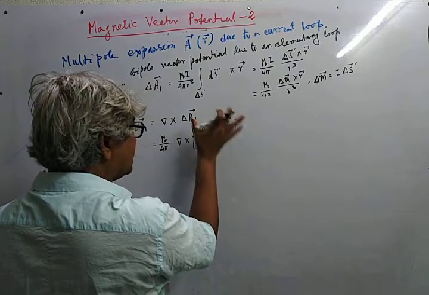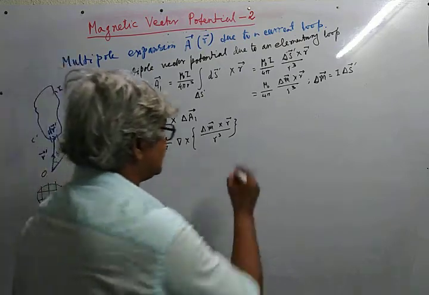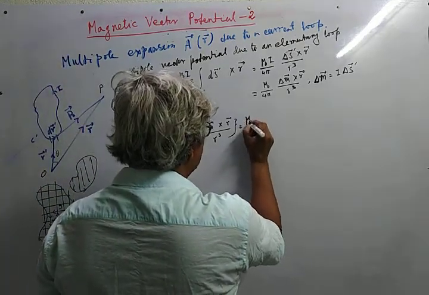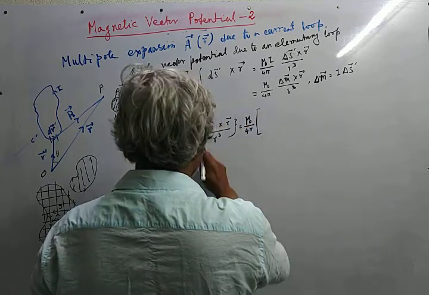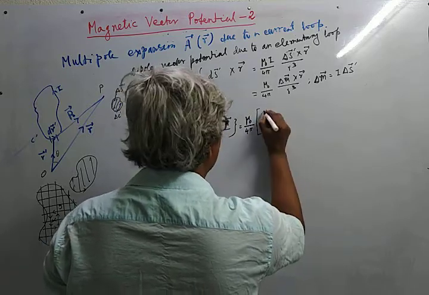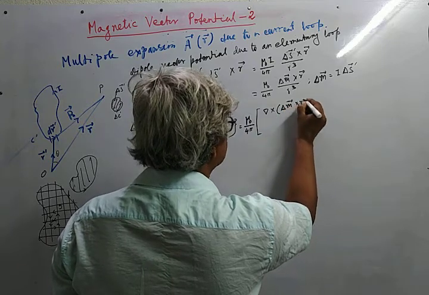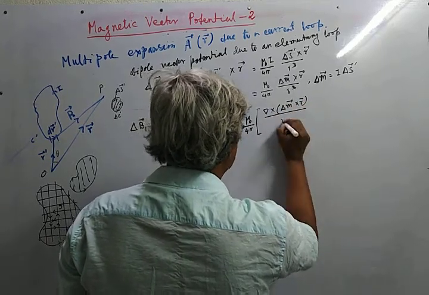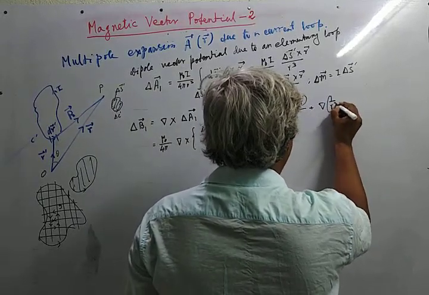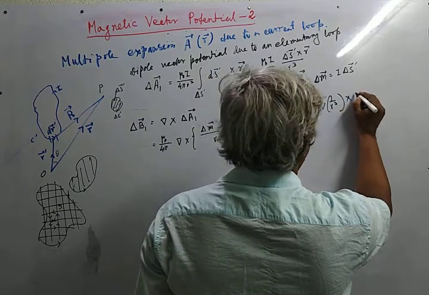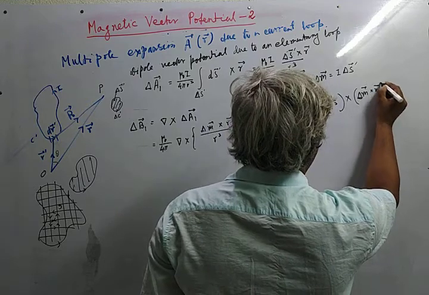We consider the quantity in the numerator as the vector function and that in the denominator as the scalar function. So we write it mu 0 upon 4 pi curl of delta m cross r by r cube, plus gradient of 1 by r cube cross delta m cross r.